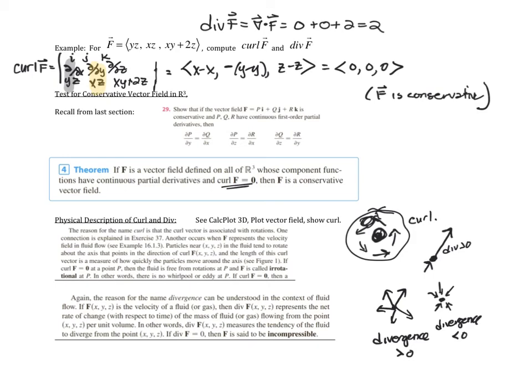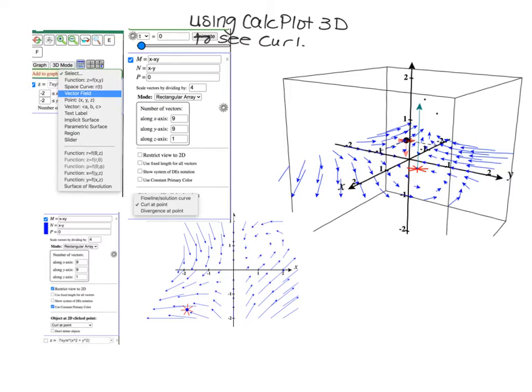One thing I wanted to show here, I can't do it in a video. It somehow doesn't capture when I do animations, but you have access to this from the 5C page. If you go to CalcPlot 3D, there's a link on the 5C page, and then you go over here where it says Add to Graph, select Vector Field.